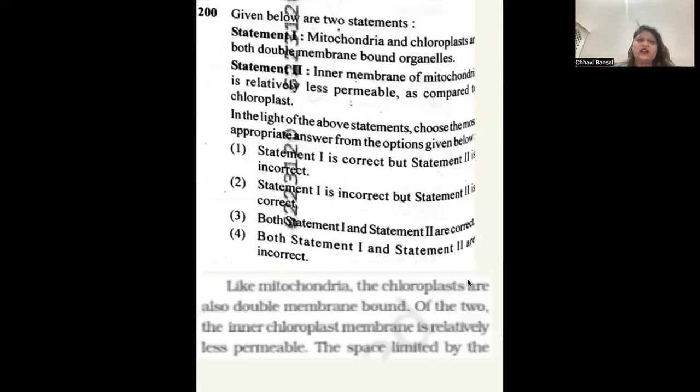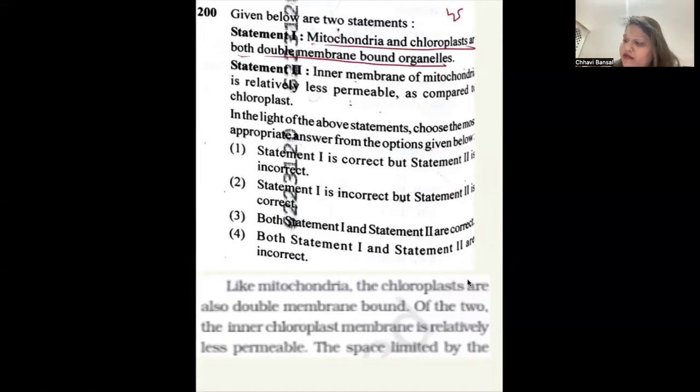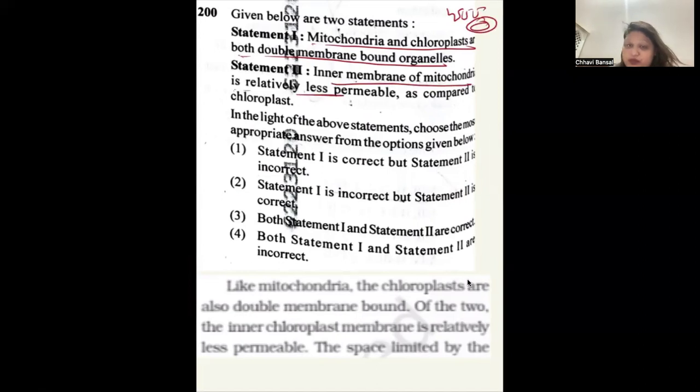Clear? The last question is again statement based, and which is again taken just from 2 lines of NCERT. Statement A says mitochondria and chloroplast are double membrane cell organelles. We know, right? For mitochondria, there are infolds. For chloroplast, it is double membrane like this. Now, the inner membrane of mitochondria is relatively less permeable as compared to chloroplast. Let's see.